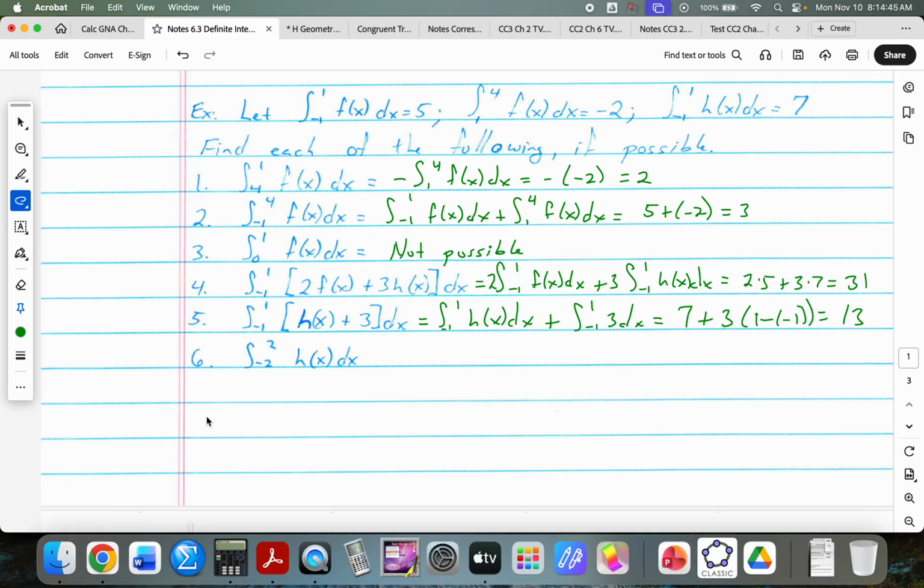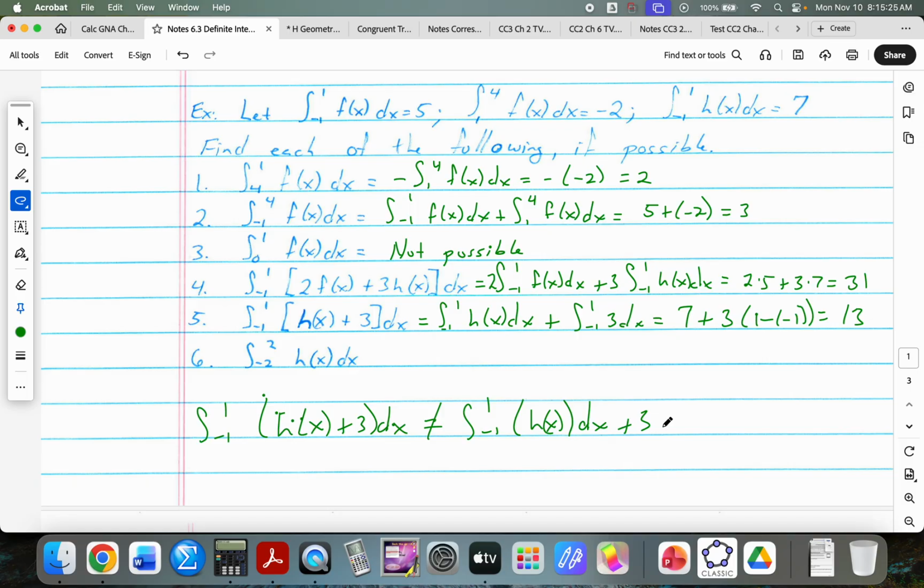So what I want you to notice there is that the integral from -1 to 1 of h of x plus 3 dx is not the same thing as the integral from -1 to 1 of h of x dx plus 3.